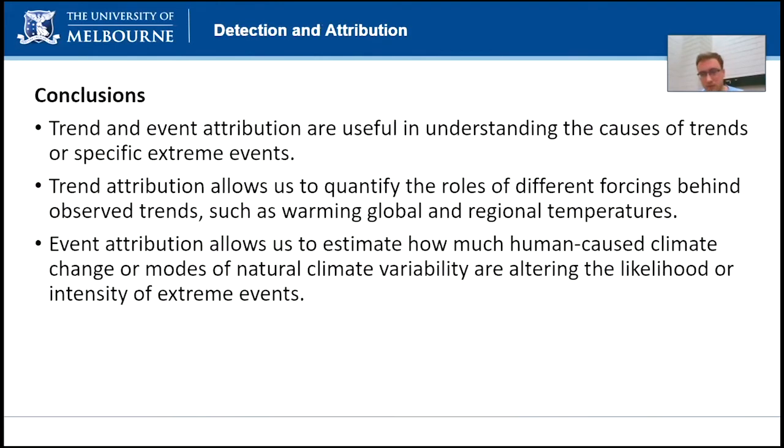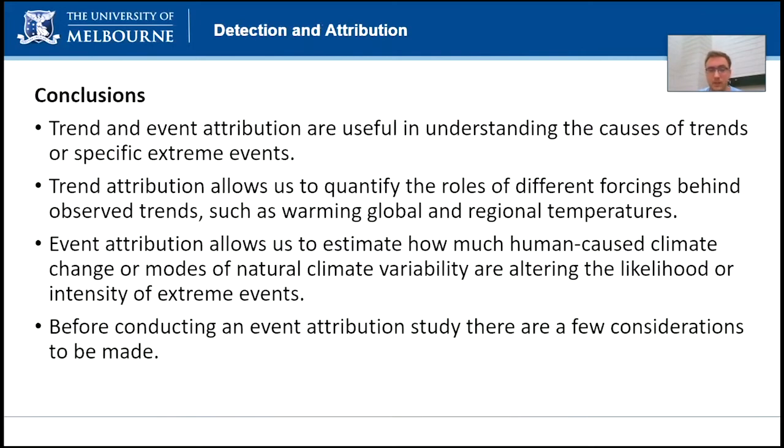Event attribution allows us to try and estimate how much human-caused climate change or different modes of natural climate variability alter both the intensity and the likelihood of extreme events. This is an area that we've seen big expansion in over the last 15 years or so.